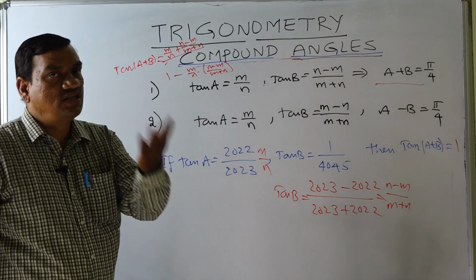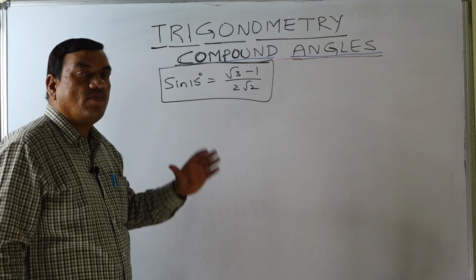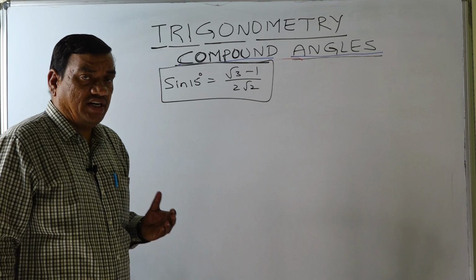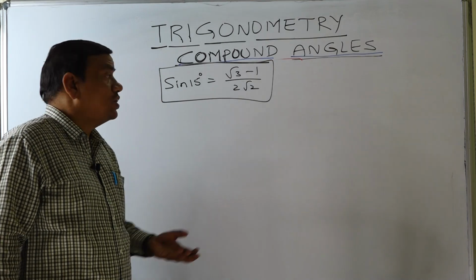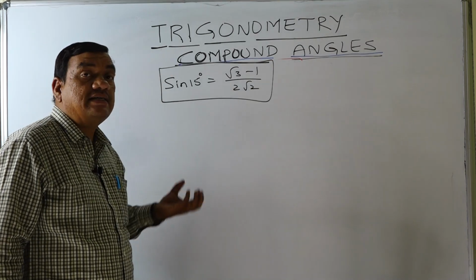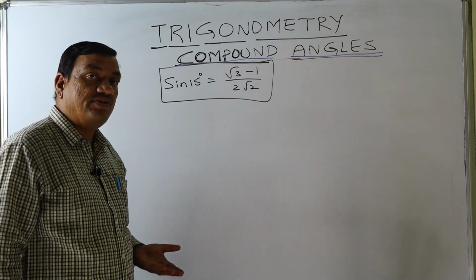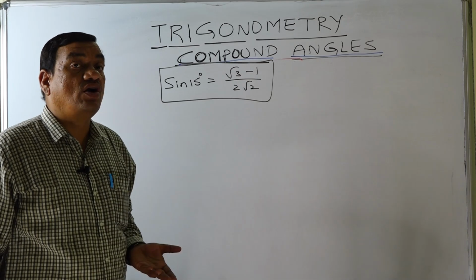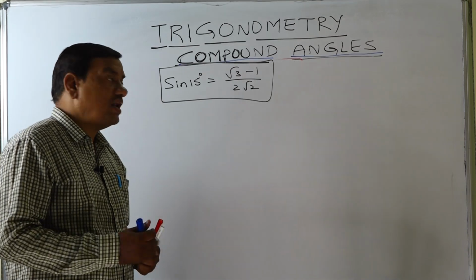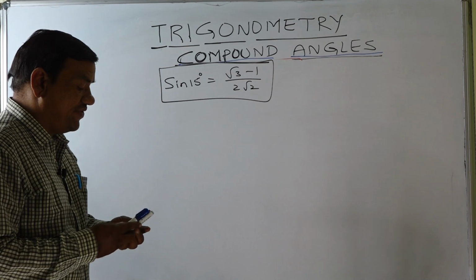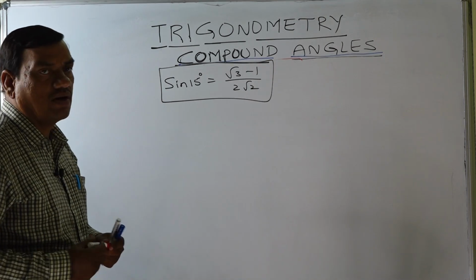So, let us go for some more formulas. What are the formulas we learned today? Let us apply those formulas to find the values of sin 15 degrees, cos 15 degrees, sin 75 degrees, cos 75 degrees, sin 105, such types. So, how to prove that sin 15 is equal to (root 3 minus 1) upon 2 root 2?